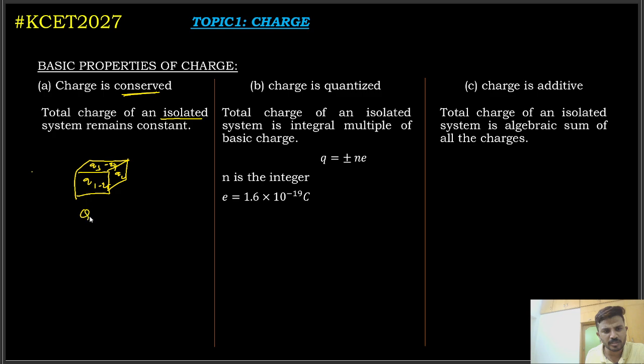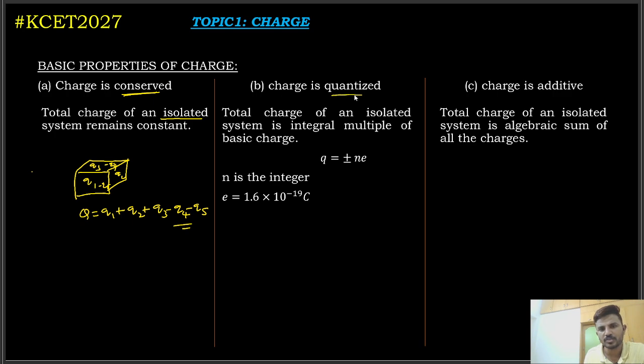Then the total charge is given by q1 plus q2 plus q3 minus q4 minus q5, like this. The total charge of the body will be the algebraic sum of all the charges.